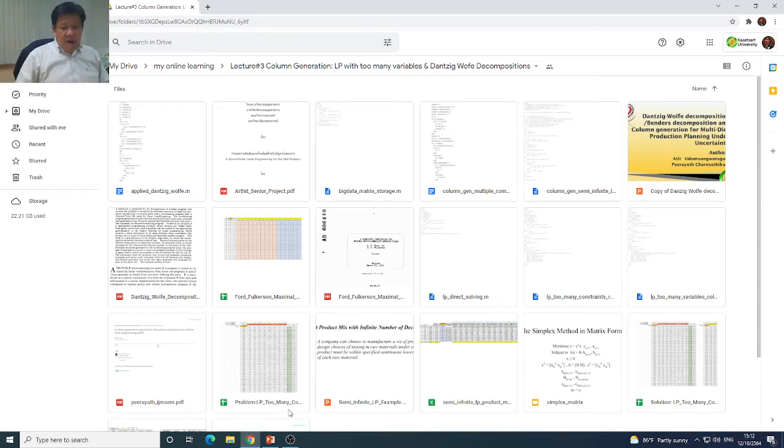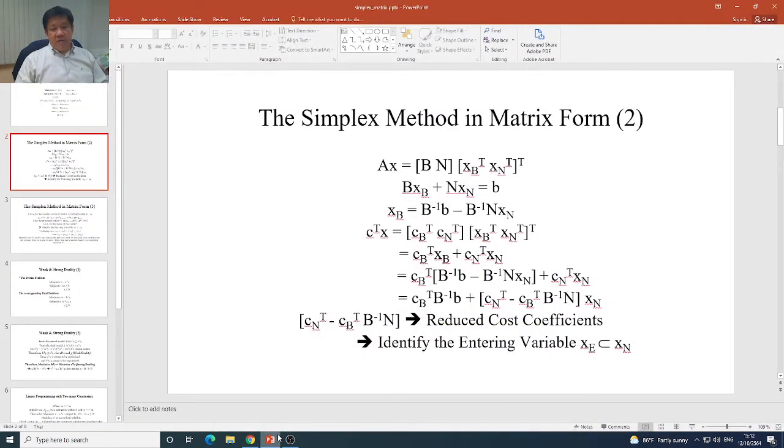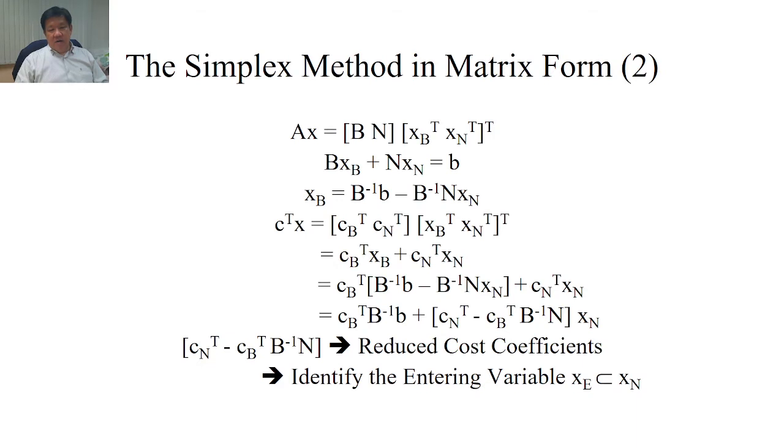We're going to start, before reviewing the material contained in this folder. First of all, in this clip we will try to revisit the classical simplex method and express that in matrix form.